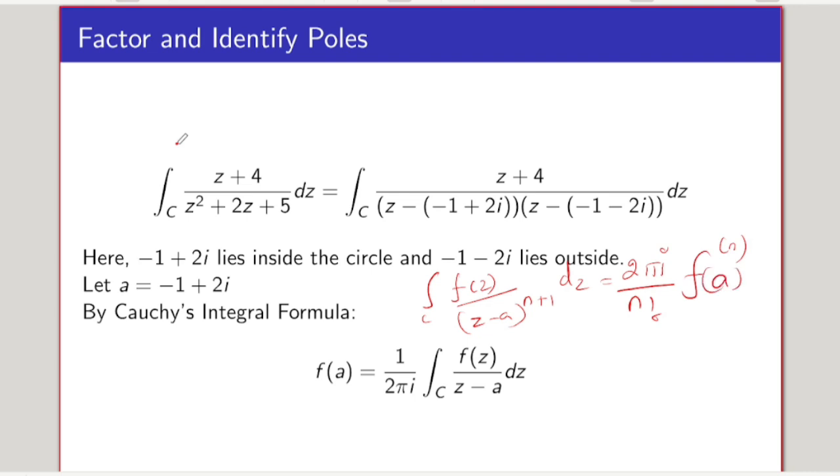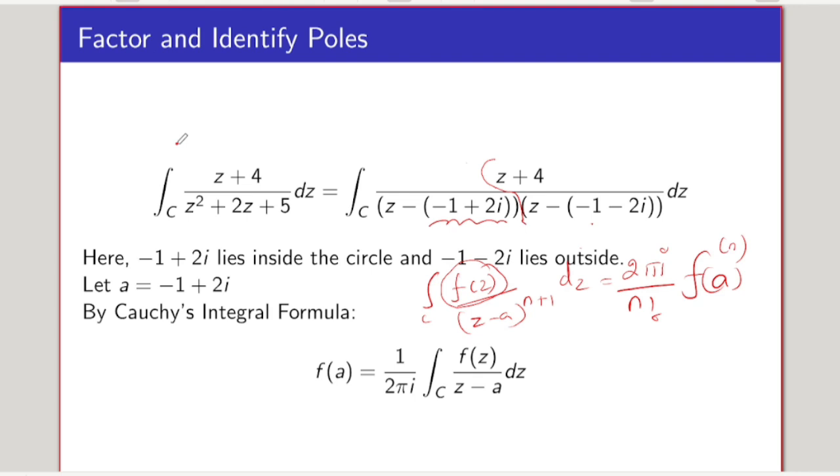See, this z1 lies inside the circle. What about z2? It lies outside. So, according to this formula, we want to find the f(z). What is our f(z)?